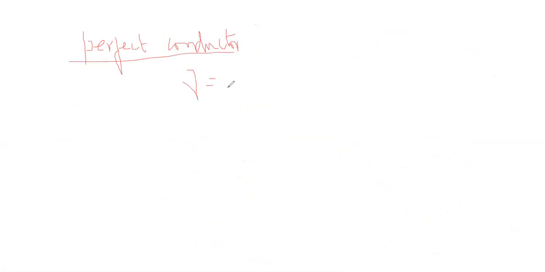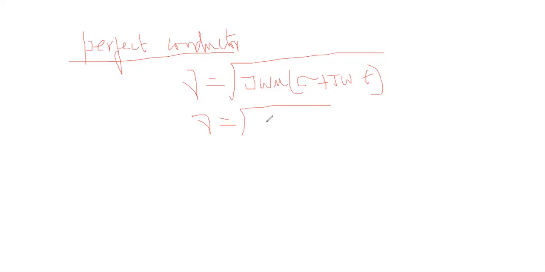The same thing: gamma is equal to under root of j omega mu into (sigma plus j omega epsilon), where the epsilon value is 0. So there is no dielectric, only conductivity. So gamma is equal to under root of j omega mu sigma, since omega epsilon is equal to 0.